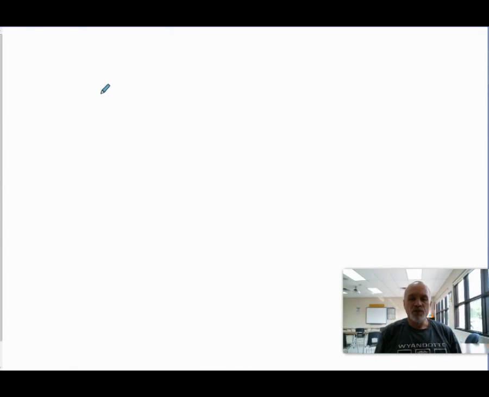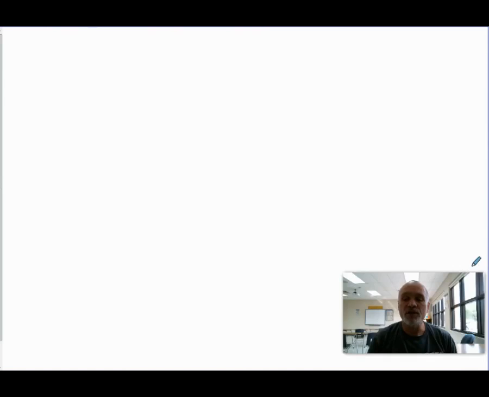Okay, so I told you I was going to show you how any integer can be made to look like a fraction, which is why all integers would also be considered to be rational numbers. So here we go. Let's look at an integer. Let's look at the number 3. How would I make 3 look like a fraction?